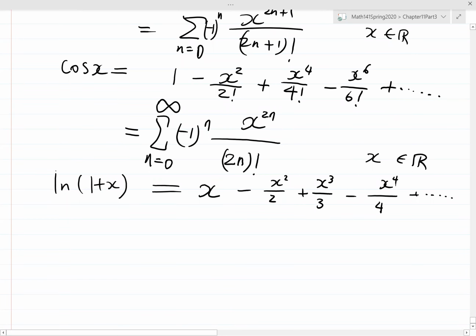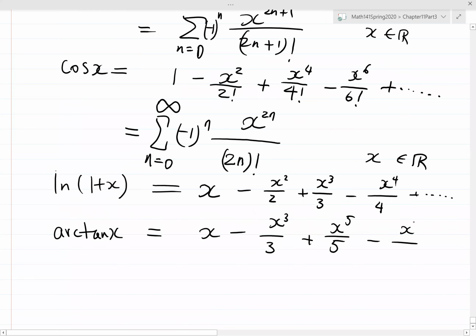We have arctangent. Arctangent x is x minus x cubed over 3 plus x to the 5 over 5 minus, etc. So this is arctangent.